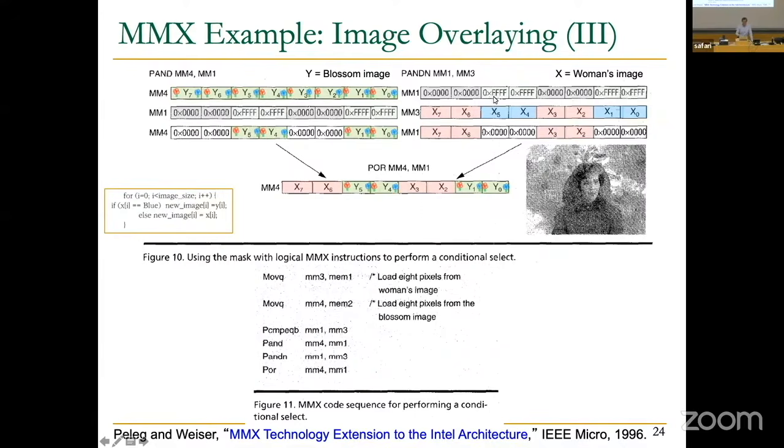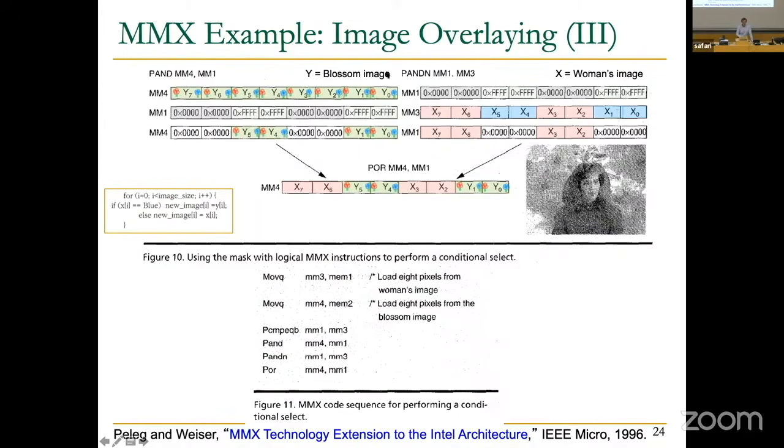And then you take the original image and AND it with NOT the mask, because you need to pass the pixels from the original image, which are marked in red over here. So if the mask is 1, the result is 0. If the mask is 0, you pass the original image pixels. That's why this is AND NOT. Okay, and then you basically OR these 2 things.